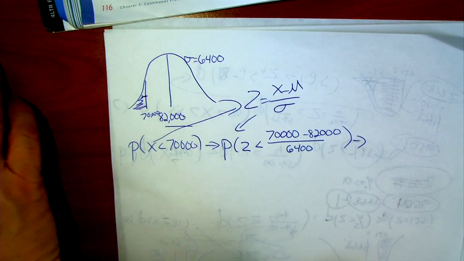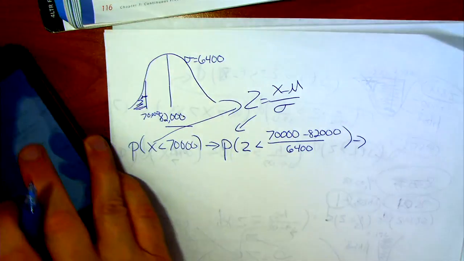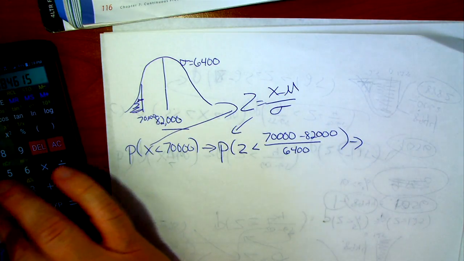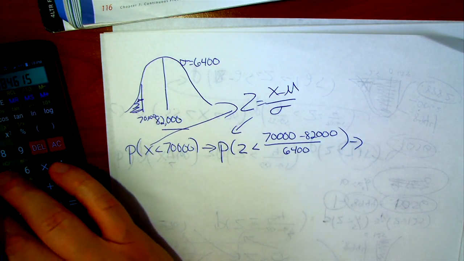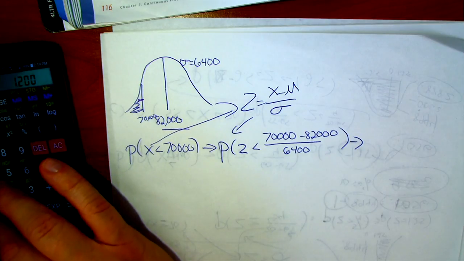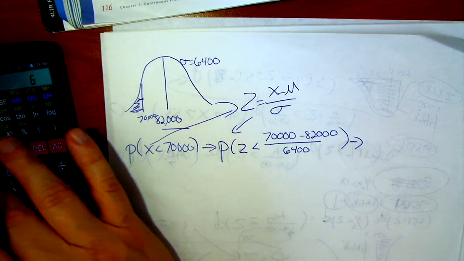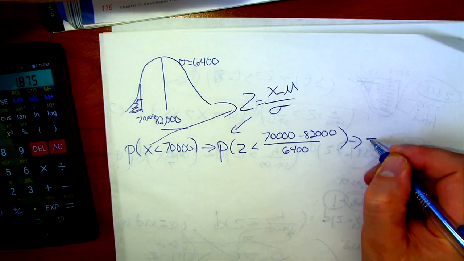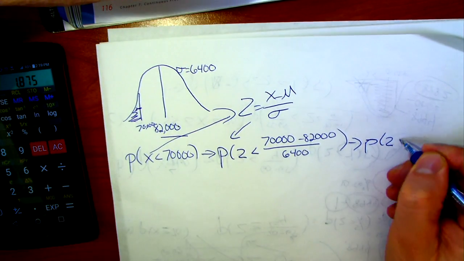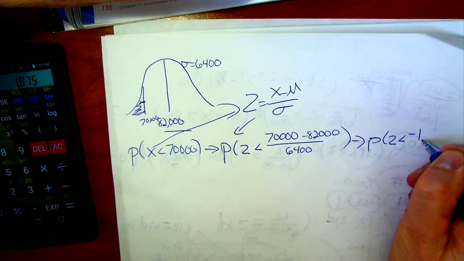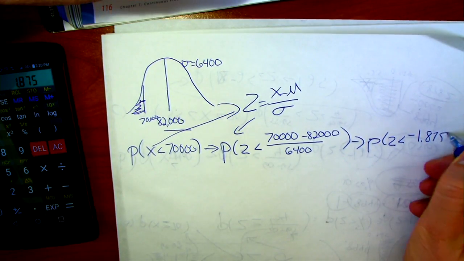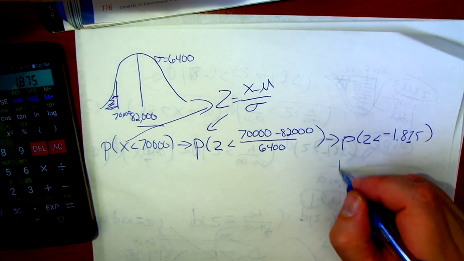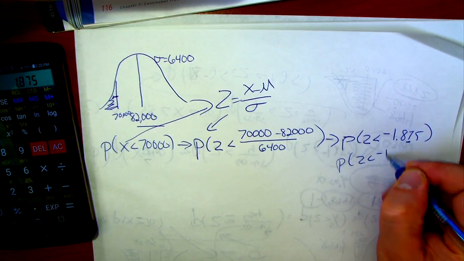Let's do the math. 70,000 minus 82,000 gives me negative 12,000, divided by 6,400 gives me probability that Z is less than negative 1.875. And we want to round to the hundredths place, so probability that Z is less than negative 1.88.